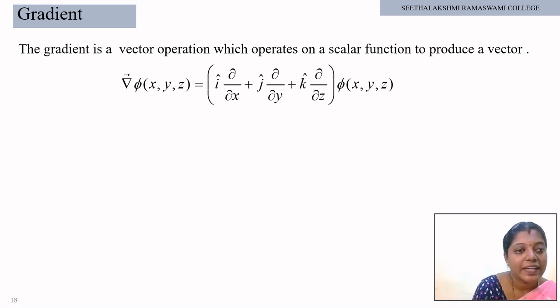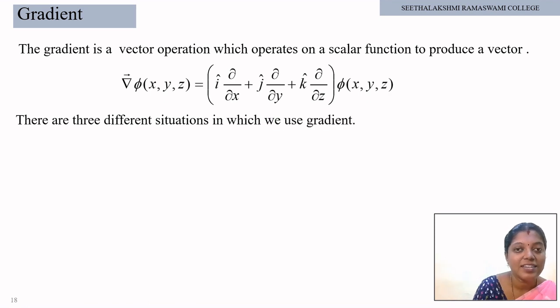So here the gradient is the differentiation of a scalar, that results in a vector. Here phi of x comma y is the scalar function that we consider, and the gradient of phi, del phi, is not a scalar, it is actually a vector. The gradient is often used in physics.